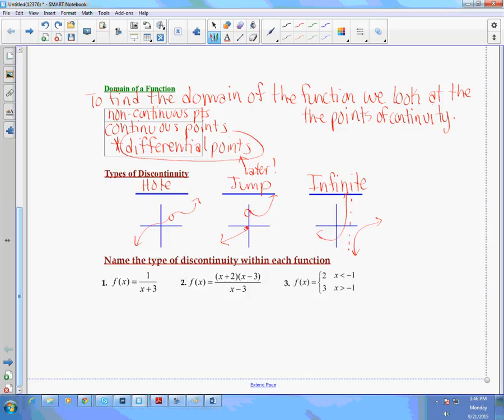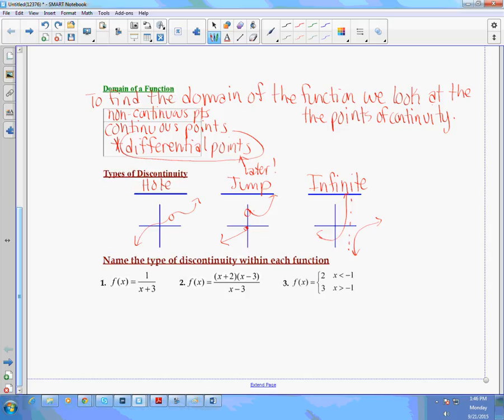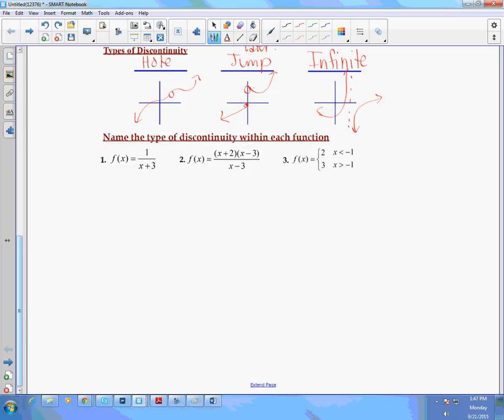Okay, number 1. What type of discontinuity? Why? Is it called an index function? No, rational. The parent function is f of x equals 1 over x, a rational function. But yes, you have a shift.